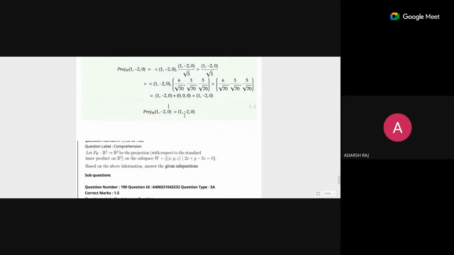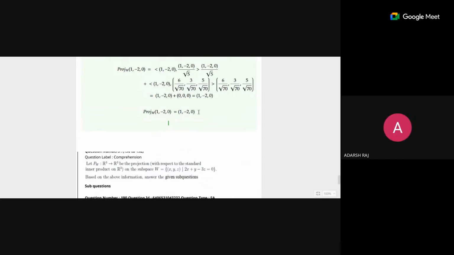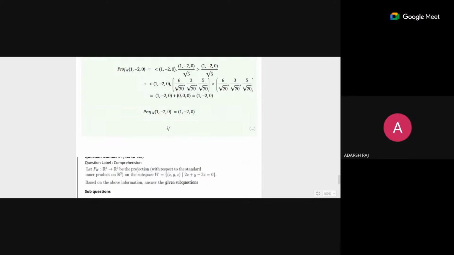So this 1 comma minus 2 comma 0 vector is lying on this plane, right? We know the property: if V belongs to W, then the projection of V onto W will be what? V, right?